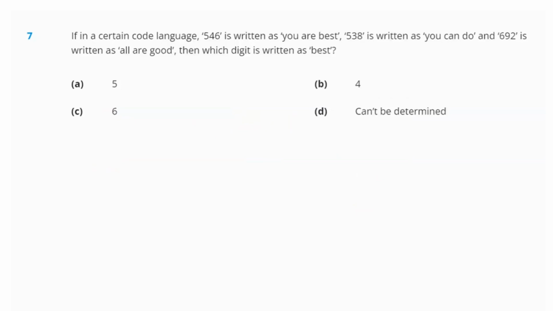If in a certain code language 546 is written as 'you are best', 538 is written as 'you can do', and 692 is written as 'all are good', then which digit is written as 'best'? See, 546 says you are best. 538 says you can do.